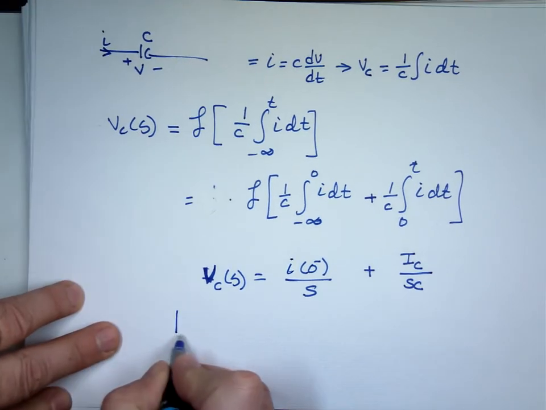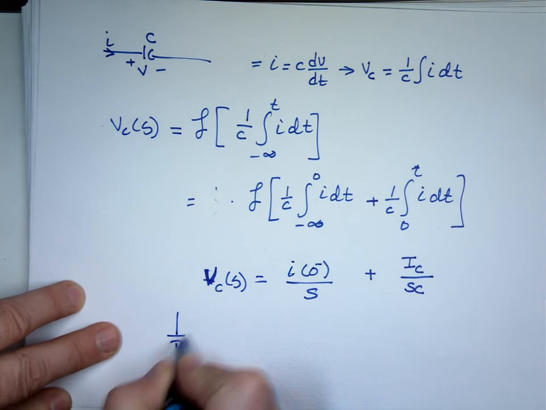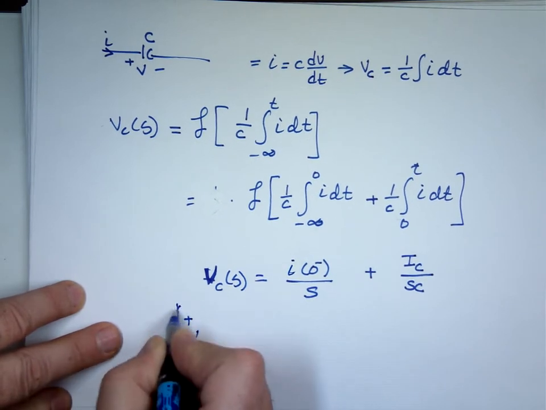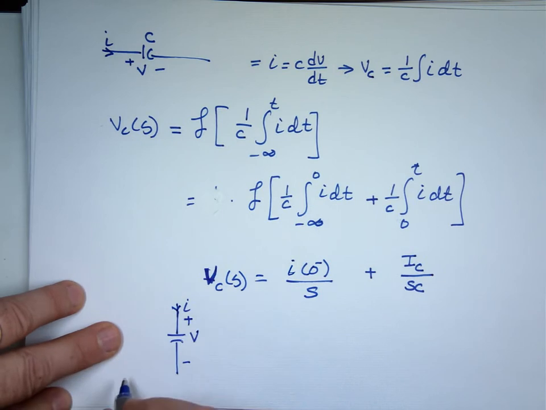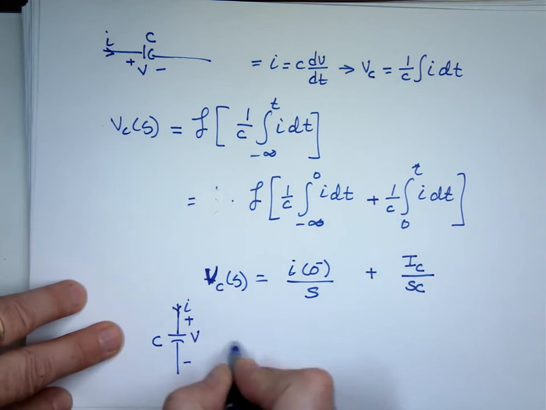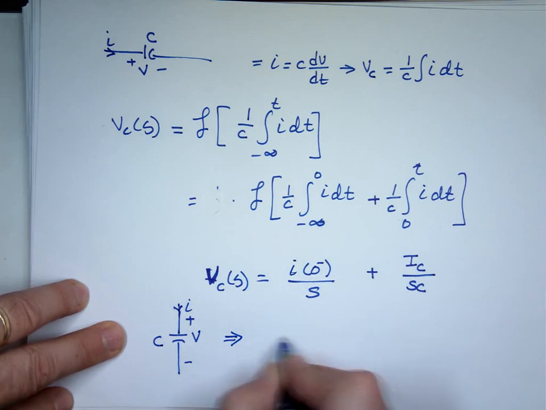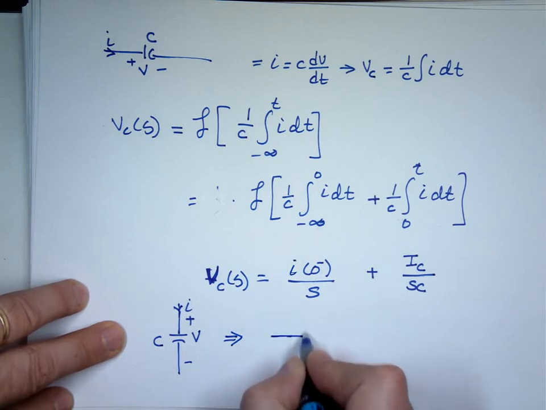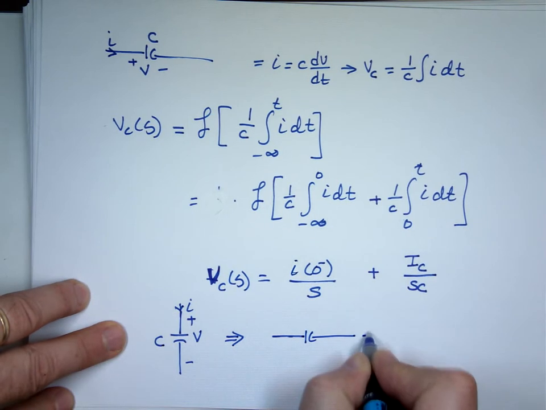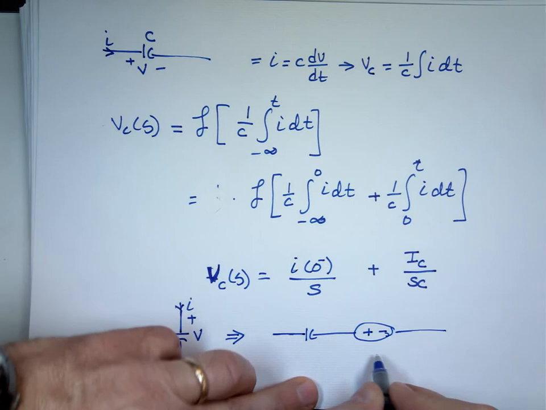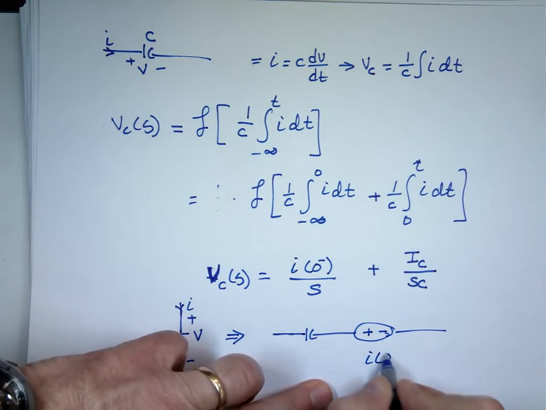If you have a capacitor, this is the current through it, I. The value is C. You can replace that with, it's a voltage, so you're going to be adding them, so that has to be a plus to minus. And I know this value has to be I sub 0 minus over S.